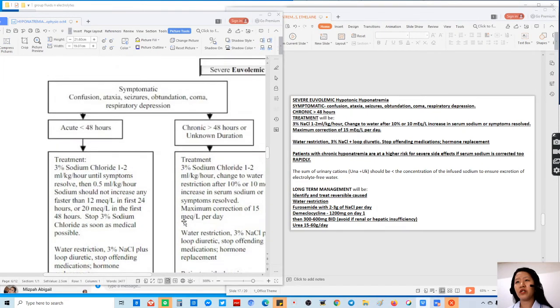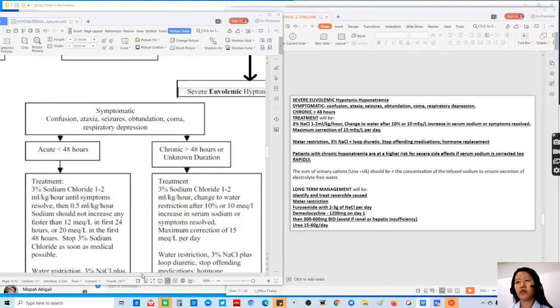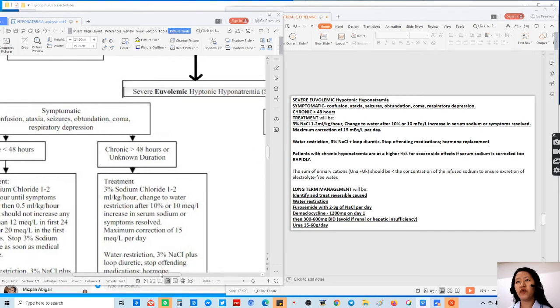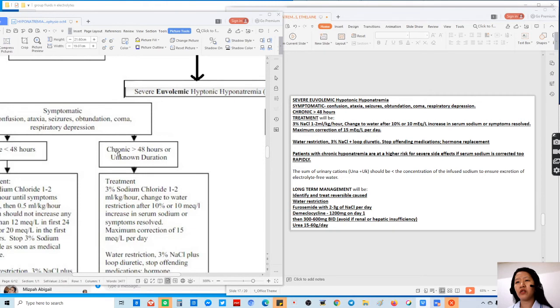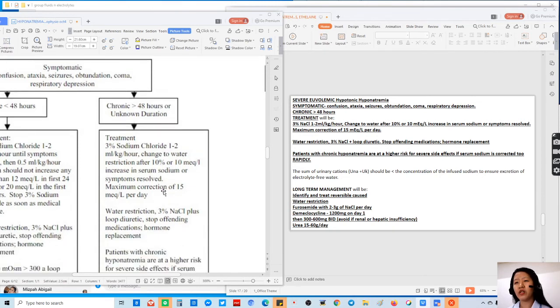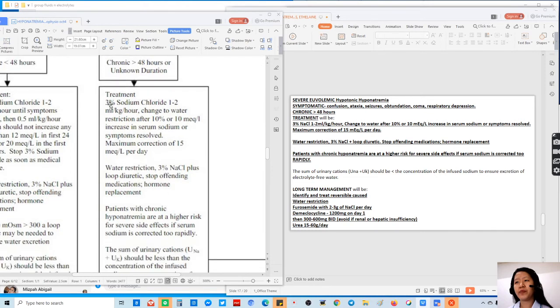For the severe euvolemic hypotonic hyponatremia and the patient is symptomatic and then chronic, for more than 48 hours, the treatment will be 3% sodium chloride, 1 to 2 ml per kilogram per hour.